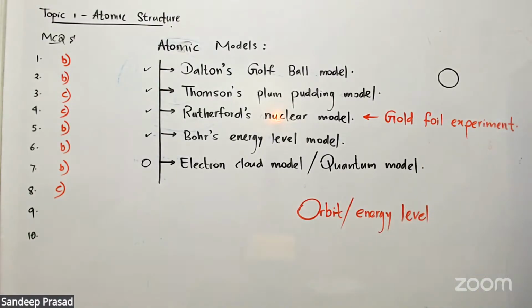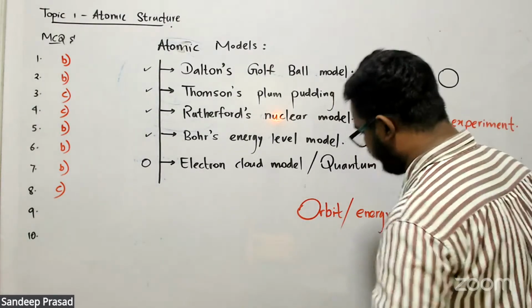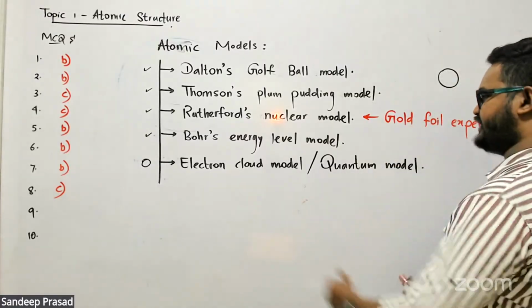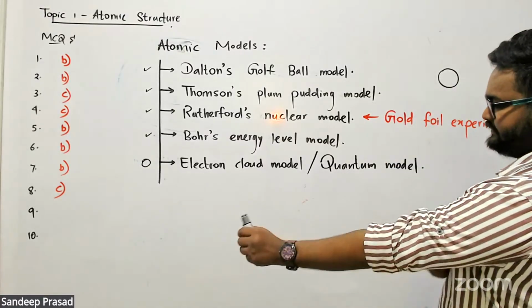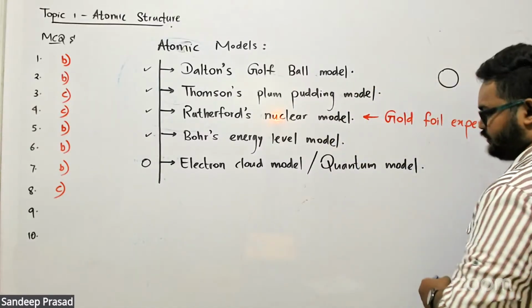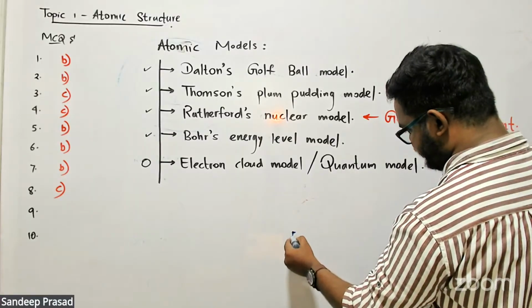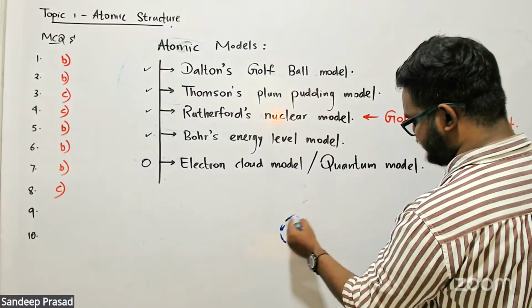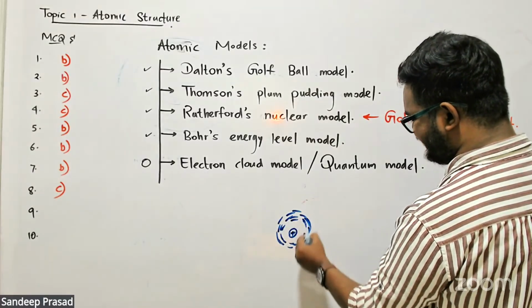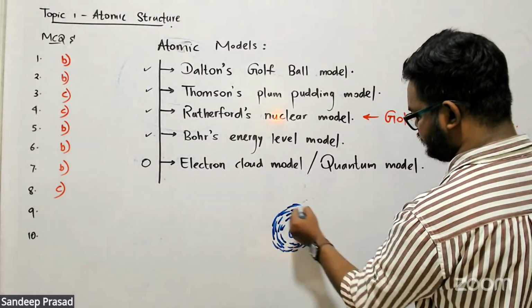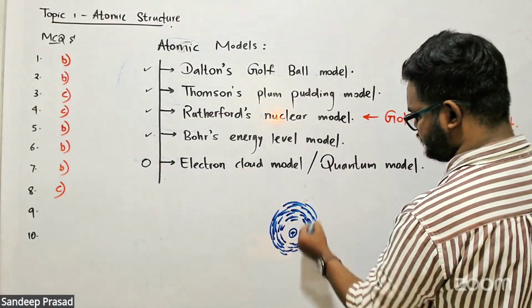Now, in modern science, we are discussing the electron cloud model or quantum model. That means, students, there is no energy level concept. In the quantum model, in the electron cloud model, the nucleus is there, and around the nucleus, electrons are gathered as an electron cloud, like this.